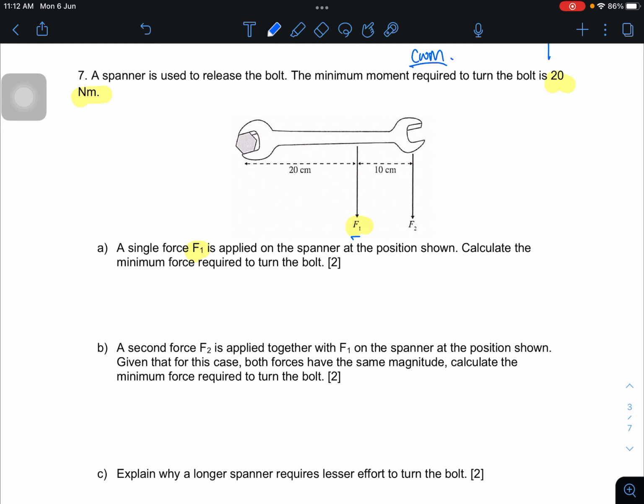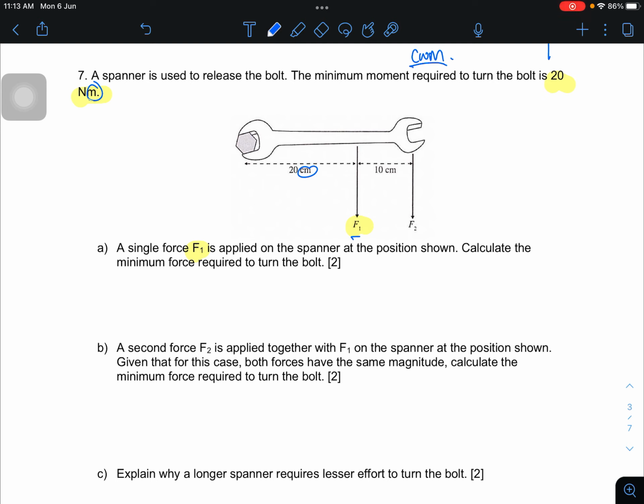What is the moment needed to turn the bolt? They told you it's 20 Newton meter. So that must be the minimum moment that my F1 needs as well. F1 times 20, but careful, over here it is 20 cm. In the question, it says Newton meter, so we need to change the distance to meter to be consistent in terms of units.